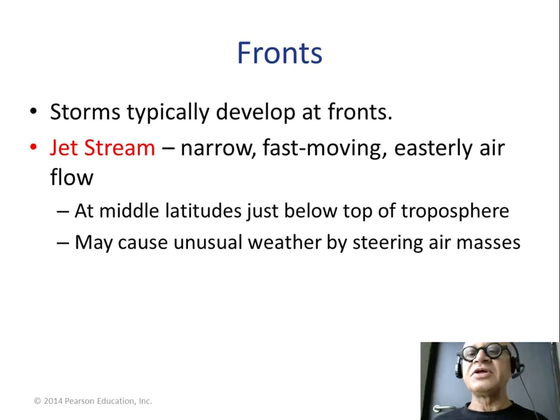And it is narrow in its dimension. It's almost like a pipeline, very rapidly moving air at 200 kilometers per hour or so, and it's an easterly flowing air, which means it's going towards the east. Remember, we said westerly winds means winds are coming from the west. Easterly airflow means it is going towards the east, so don't confuse the terminology here.